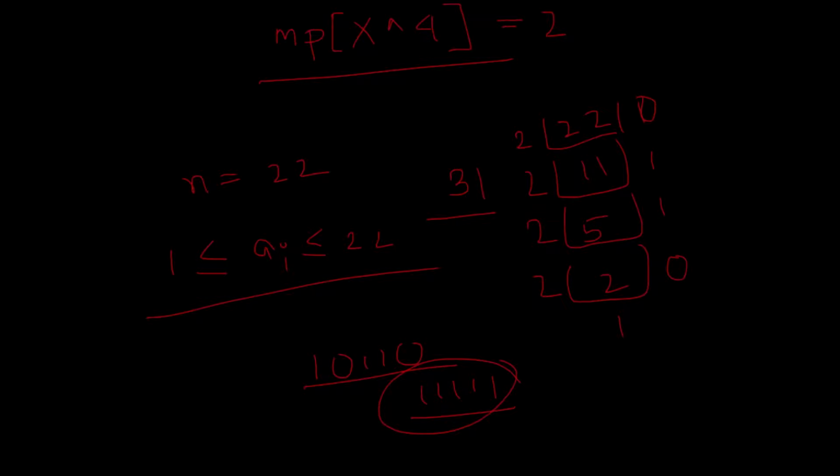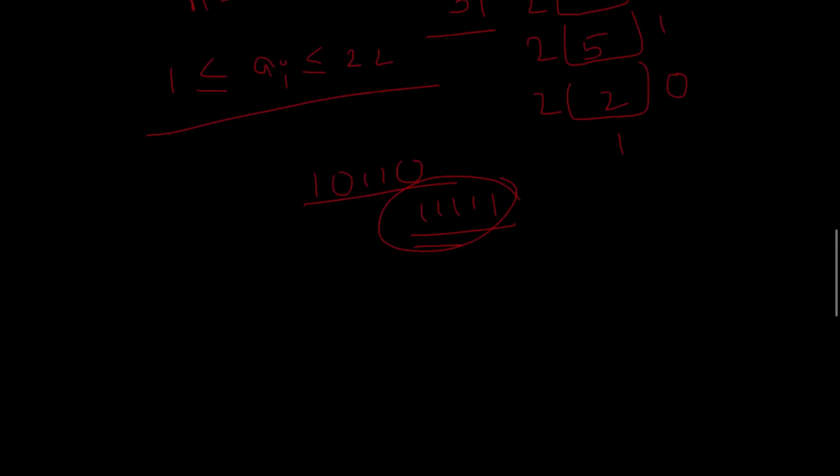So whenever we are at some certain n, we'll try to find out the number which has all the bits set, something like this. So similarly, when n equals 2 times 10 to the power 5, you'll find the highest number that we have to check.